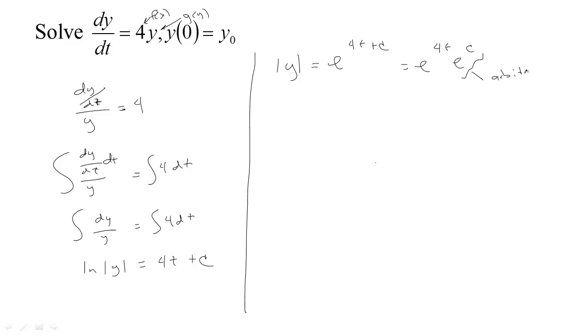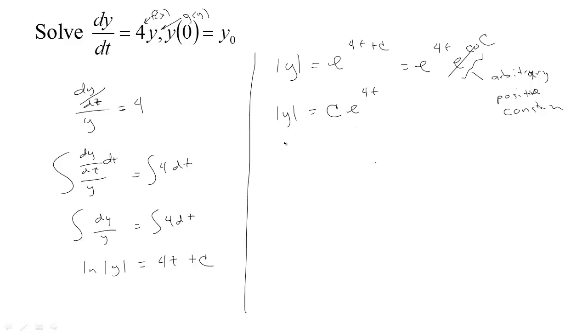So I'm just going to be sloppy and take that constant and rename it c. So we have the absolute value of y is this arbitrary positive constant c, which used to be e to the c, times e to the 4t.